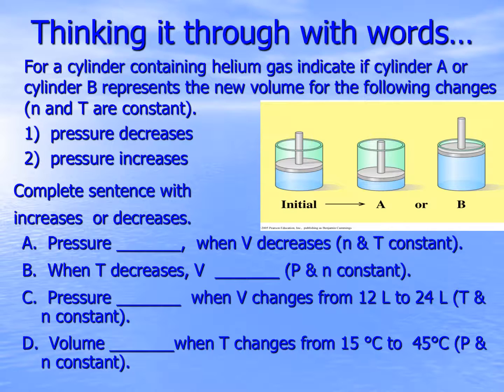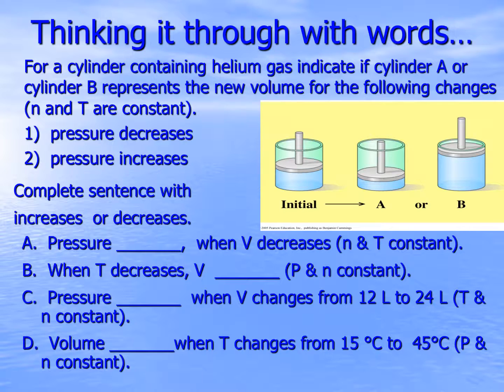So to start with, we have a picture showing an initial volume, and then either A or B. Would the volume get smaller, A, or would the volume get larger, B, if we, number one, decrease the pressure? Well, according to Boyle's law, when pressure decreases, volume increases, and so we should be letter B, where the volume is larger than it is initially.